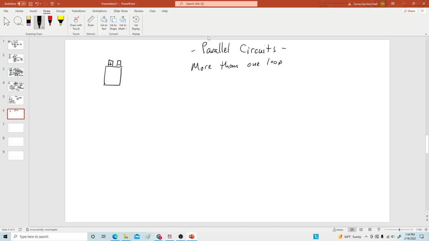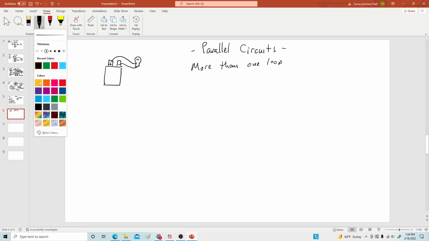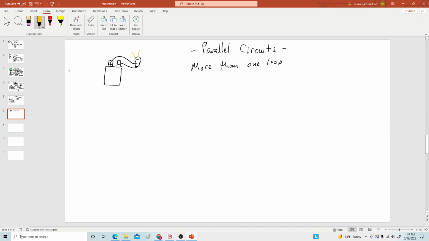So I have a light bulb hanging out here. And what I would do is connect the positive terminal and the negative terminal like this, and hopefully my light bulb would then light up.